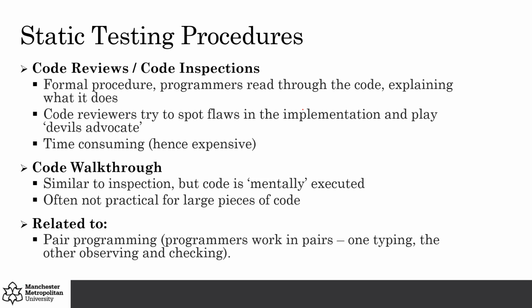Typically when we do this, we're essentially trying to debug or test our own code by walking through it in quite an informal manner, because we're just trying to read through our code and say what it does. We're not really using any tools here because static involves an offline procedure.